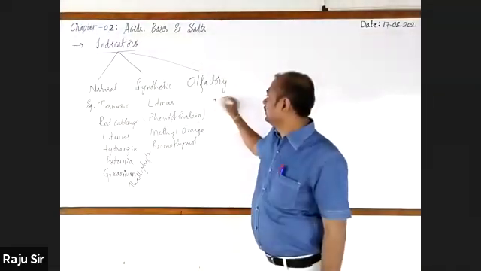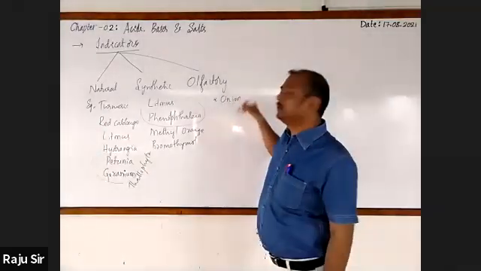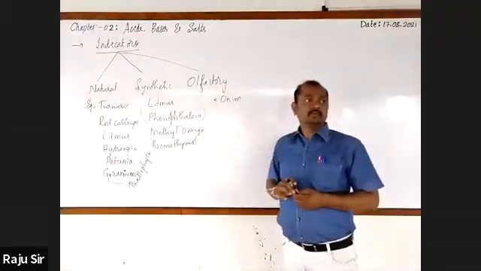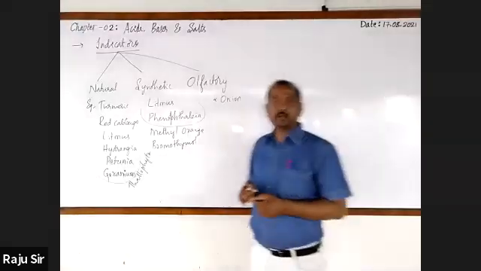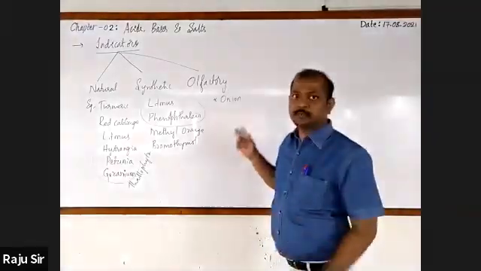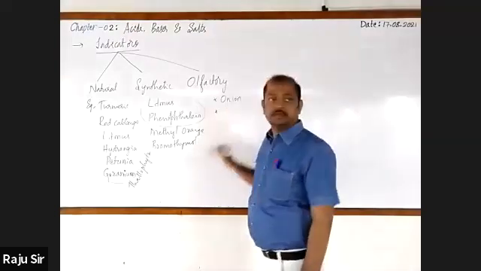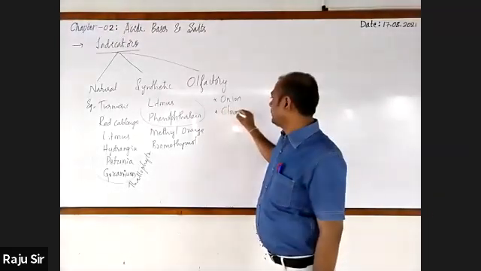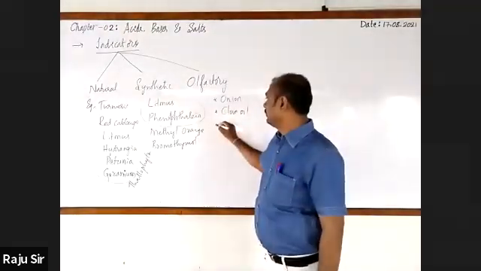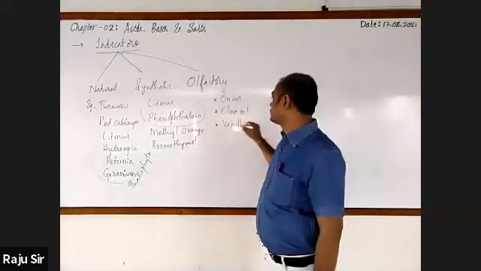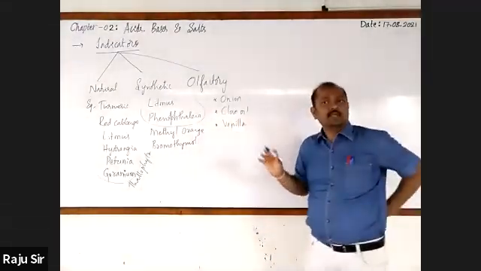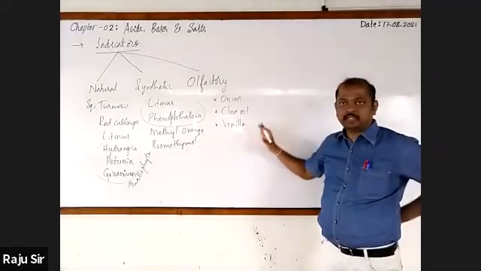Olfactory indicators. Example, onion. Onion can be used for checking whether the given compound is acid or base. Next, vanilla extract, clove oil, vanilla essence. So these are examples of olfactory indicators.